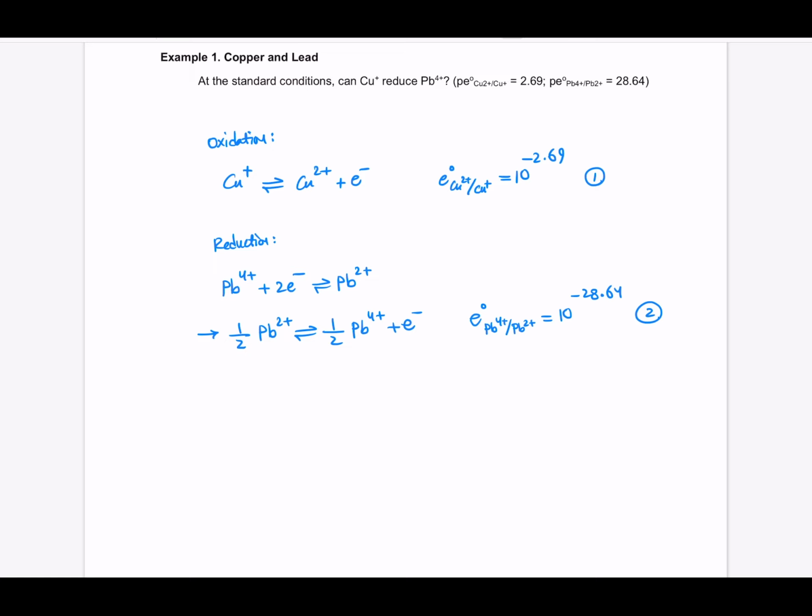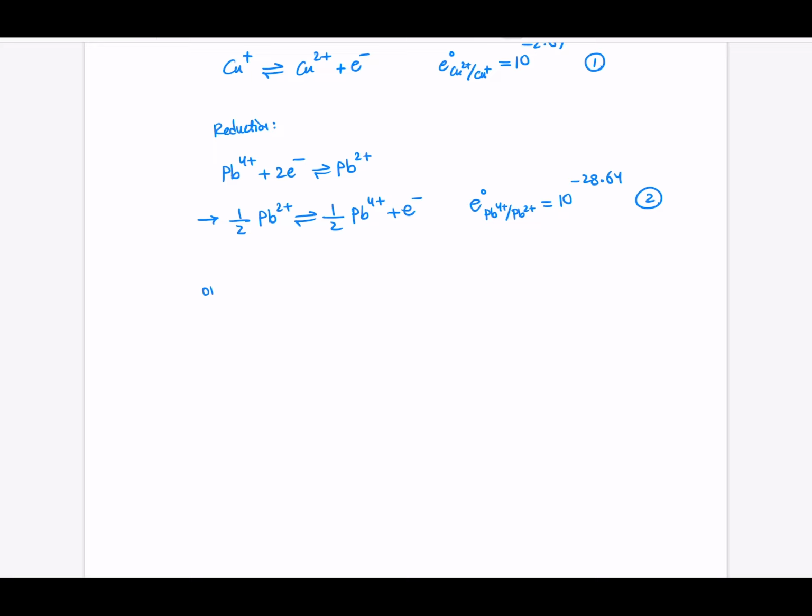So now we can also write the overall reaction, which is basically reaction 1 plus the reverse of reaction 2. So copper plus half of Pb4 plus gives copper 2 plus half of Pb2 plus.